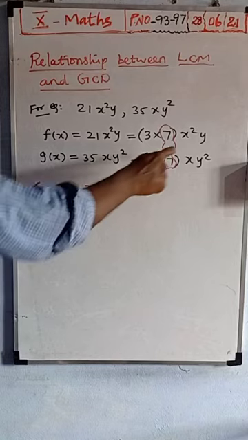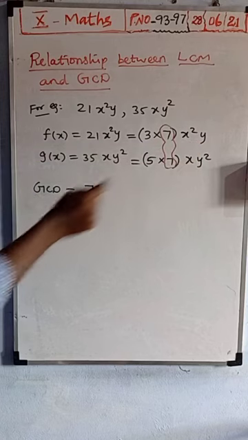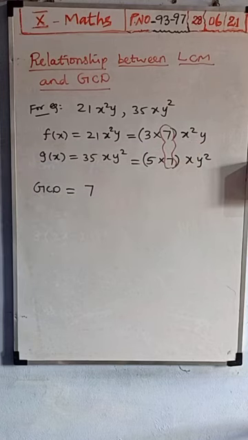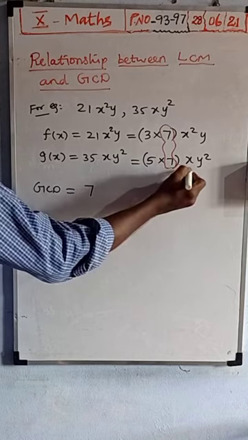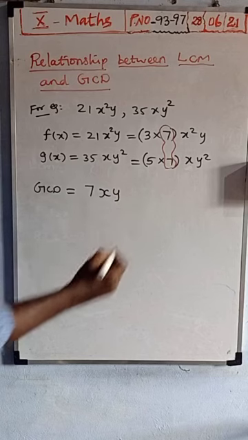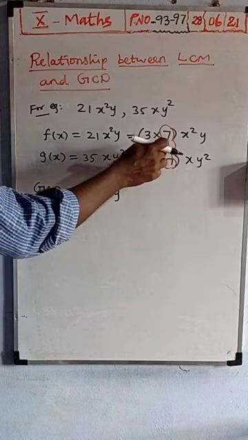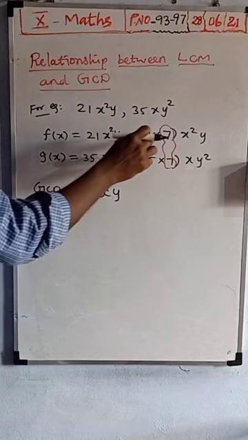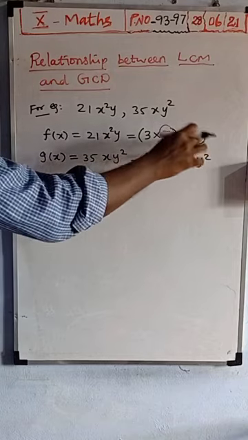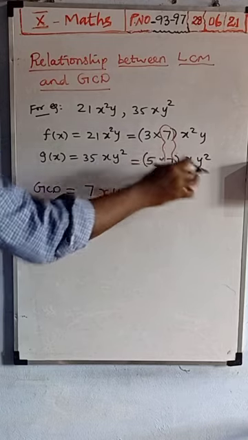The variables here are x squared y and x y squared. In that, you see which is the lowest power. Between x squared and x, the lowest power is x to the one. Between y and y squared, the lowest power is y. So GCD means the lowest power of the variable, or the lowest degree. So the number that is common we write, and for the variables only the lowest power: x one and y one.